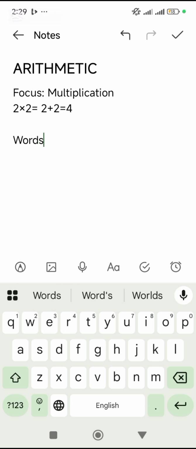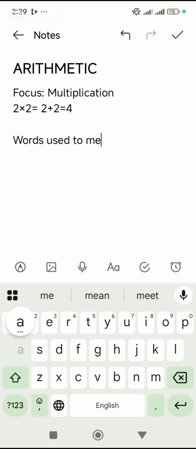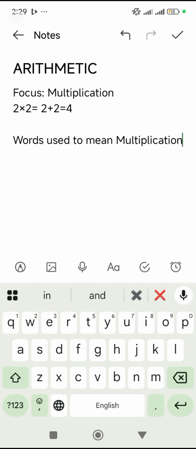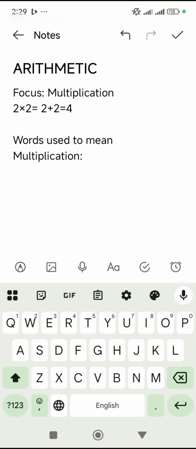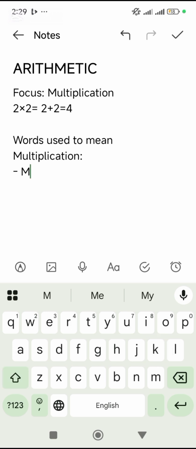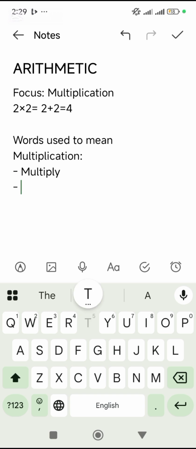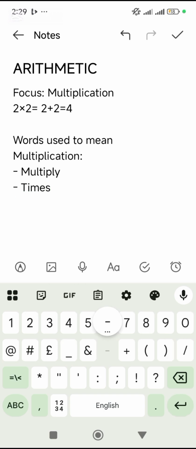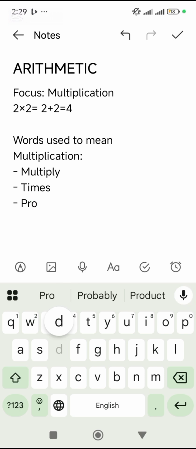Words used to mean multiplication include multiply, times, and product.